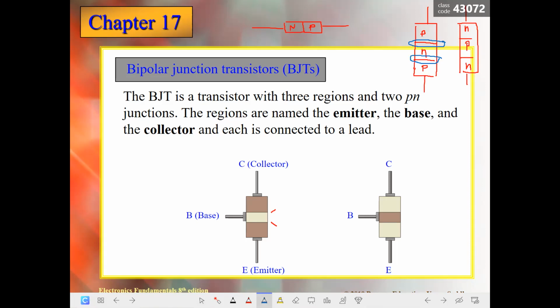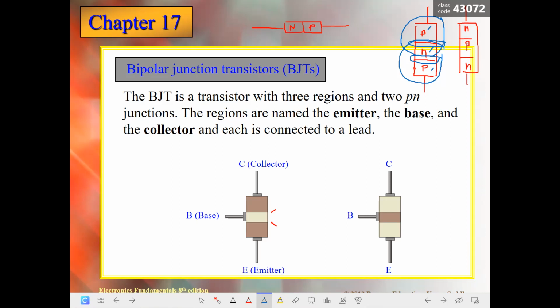So this one can be considered as one PN junction, and this one can be considered as the second PN junction. That's why it is said that it has three regions with two PN junctions. What are the regions? 1, 2, 3. Those are the three regions. So that is what we call your BJT transistors.